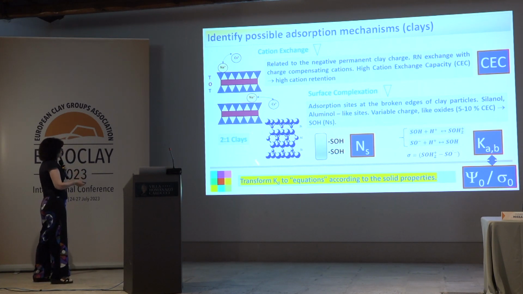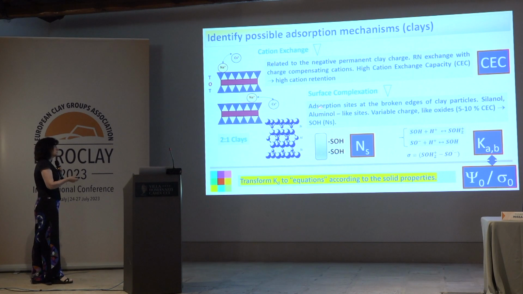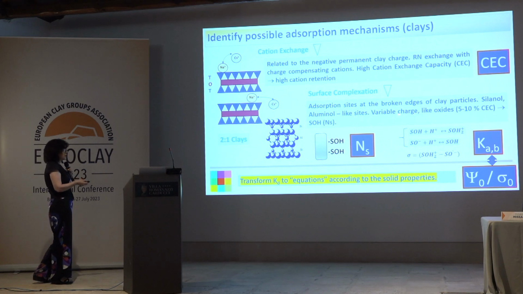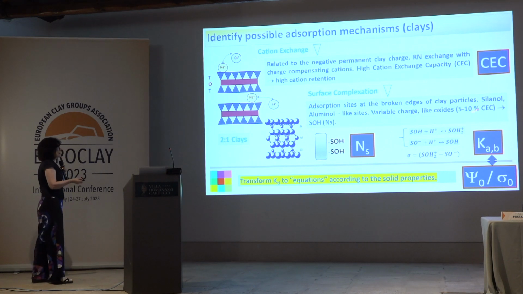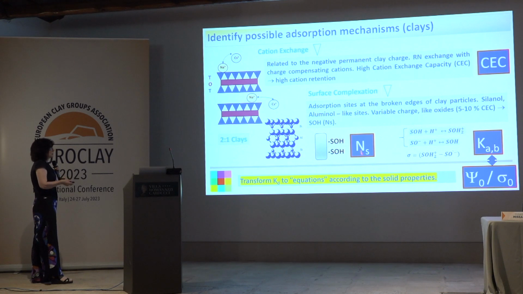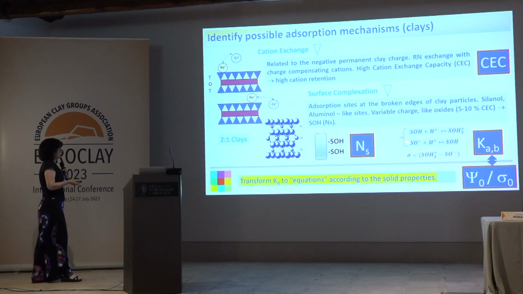But also at the broken edges of the clay particle, we have silanol and aluminol-like sites, which have variable charge, like the oxides. Their density is less than the CEC, but again, they can play a very important role.